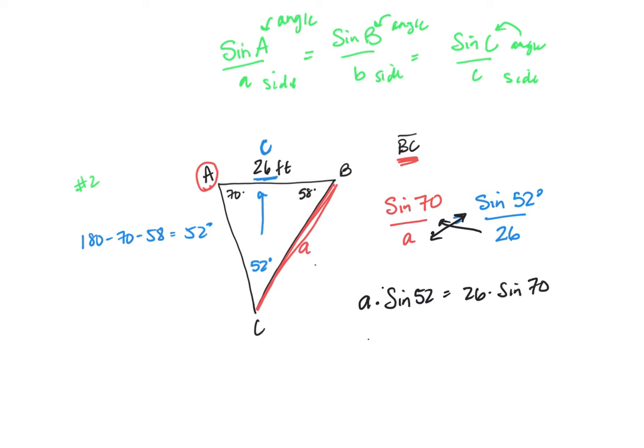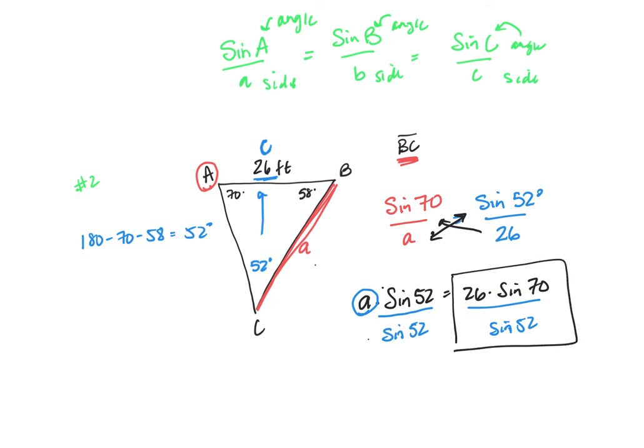Now I'm trying to get A by itself, and I'll show you how to throw it in your calculator pretty quick. So I'm going to divide this side by the sine of 52, and this whole thing by the sine of 52. Now you can just plug this into your calculator.